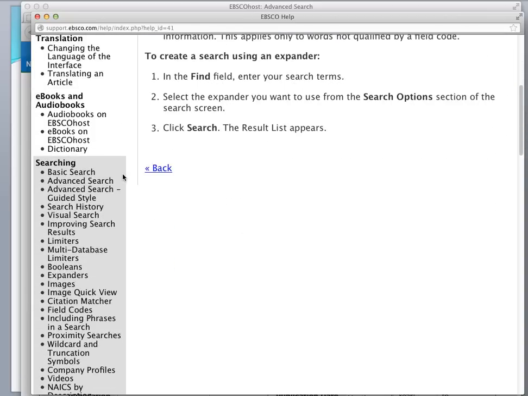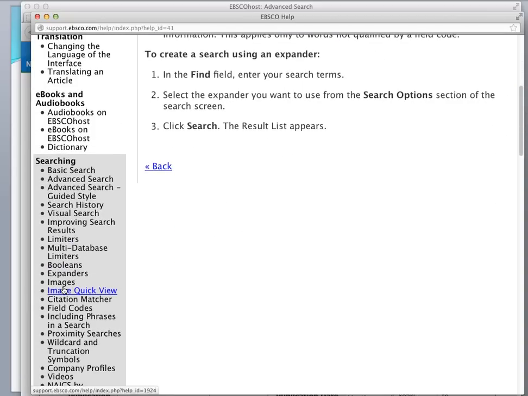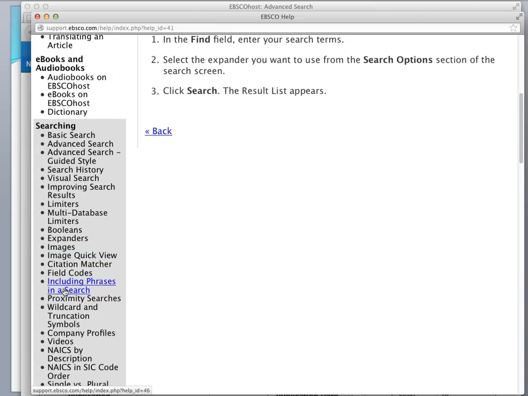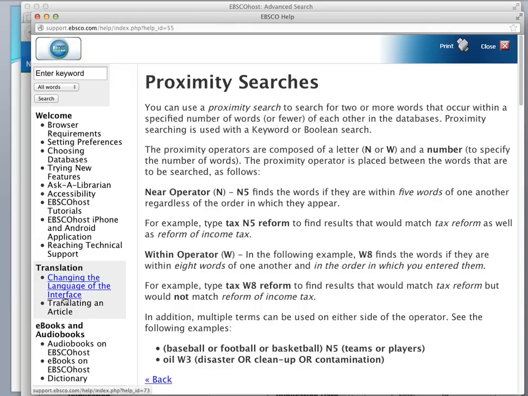Let me see what else we have here. Okay, proximity searches. In the PowerPoint, we went through proximity searches, but these are specific for this database.